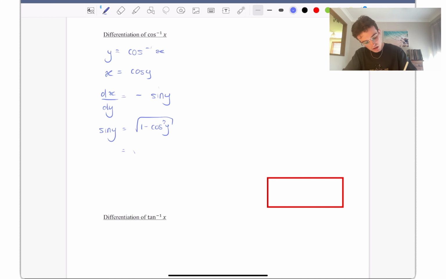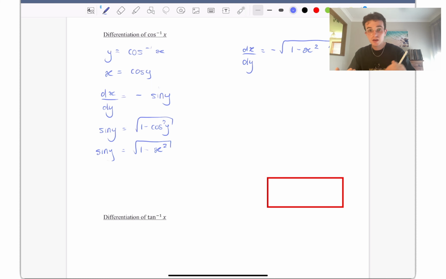So sine y is equal to the square root of 1 minus x squared. But we've already said that dx/dy is minus sine y. And we know just now that sine y is the square root of 1 minus x squared. So that would tell us that dx/dy is equal to minus the square root of 1 minus x squared.